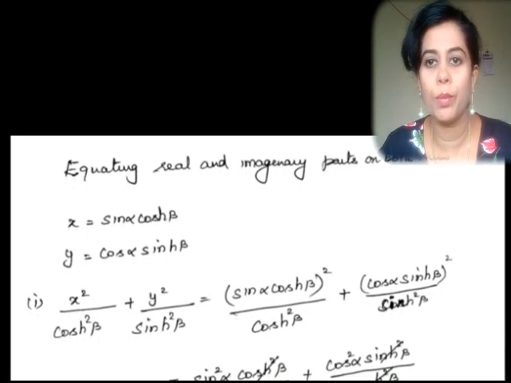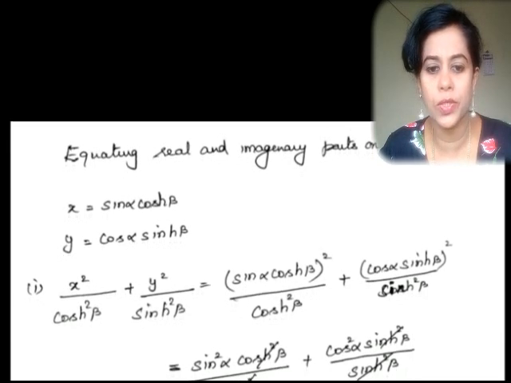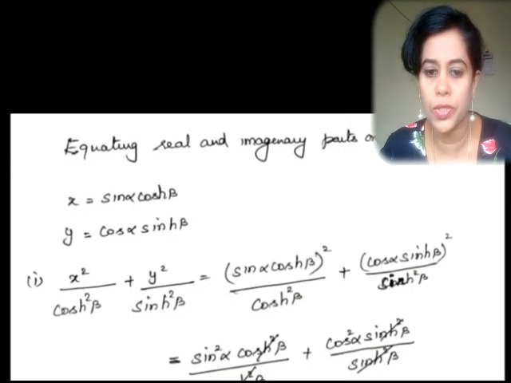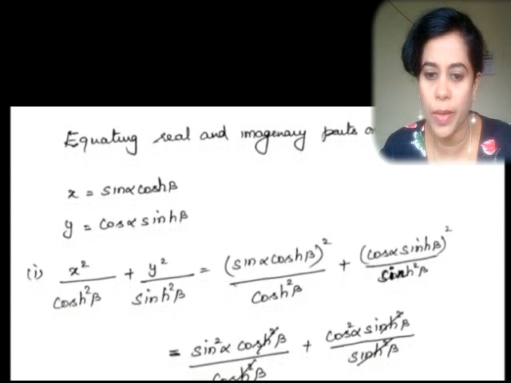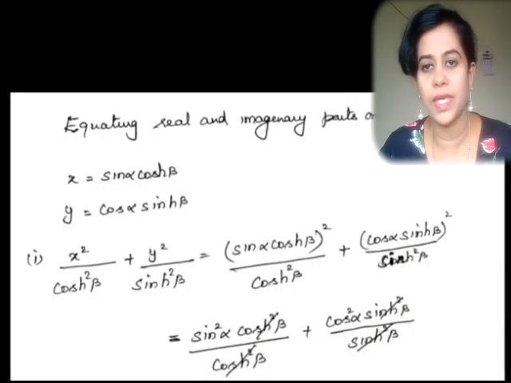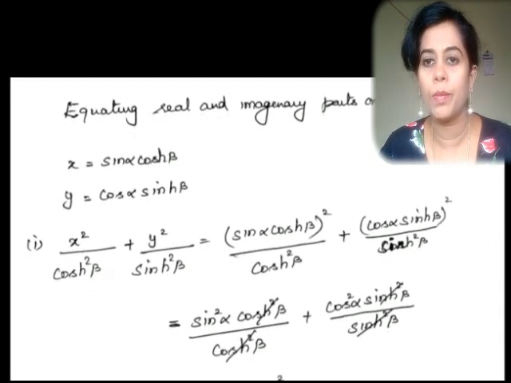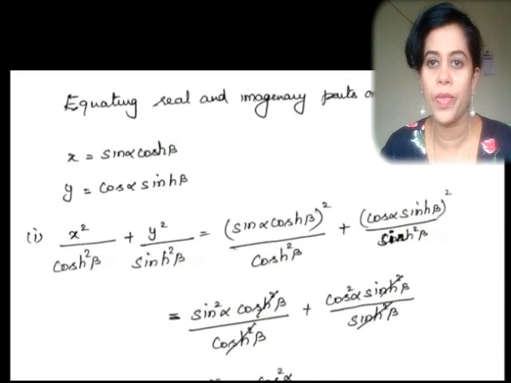Now let me come to the proof. The first equation says that x squared by cos h squared beta plus y squared by sin h squared beta is equal to 1. This is what we have to prove. Let me take the left hand side: x squared by cos h squared beta plus y squared by sin h squared beta.